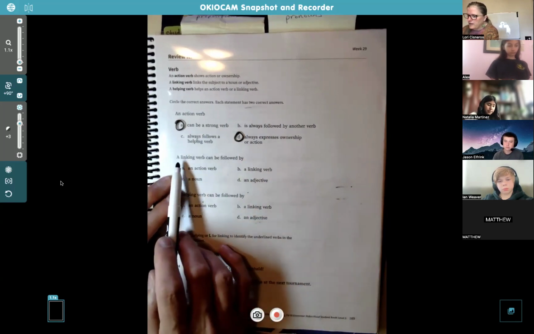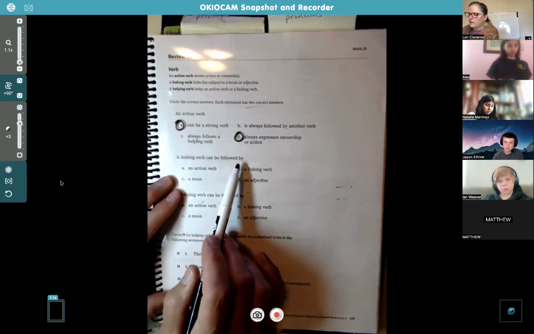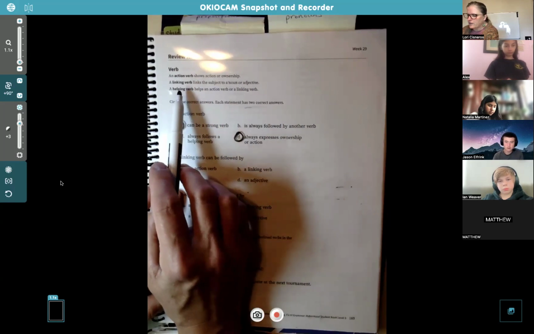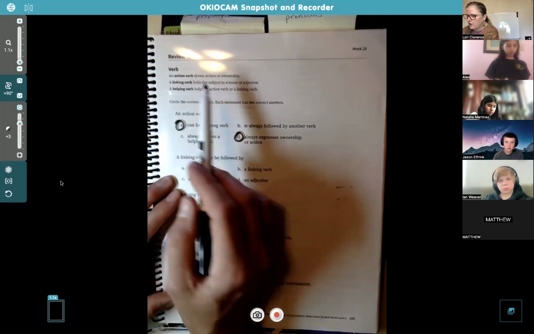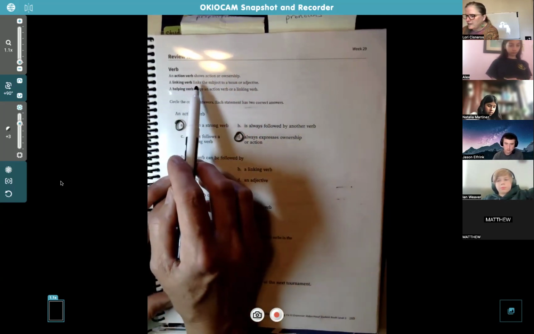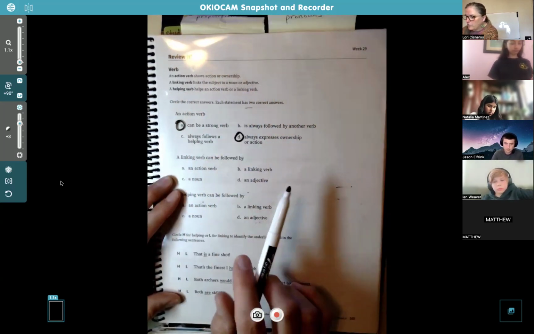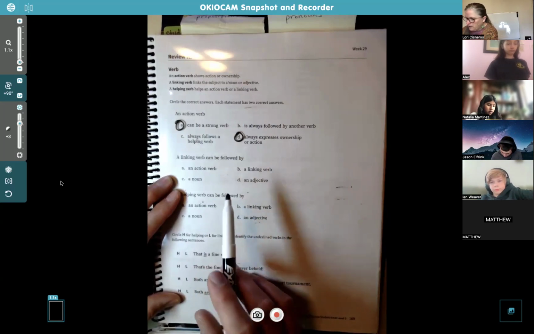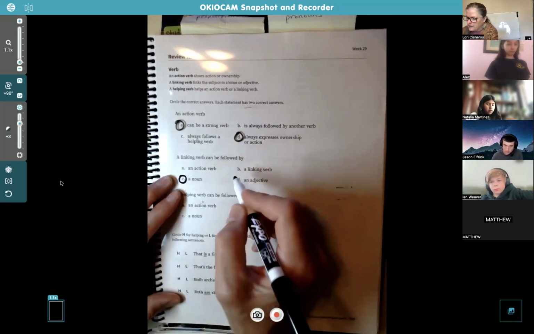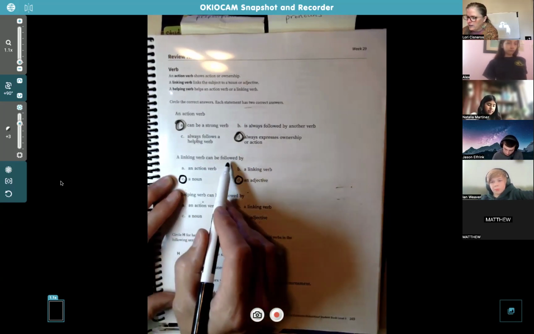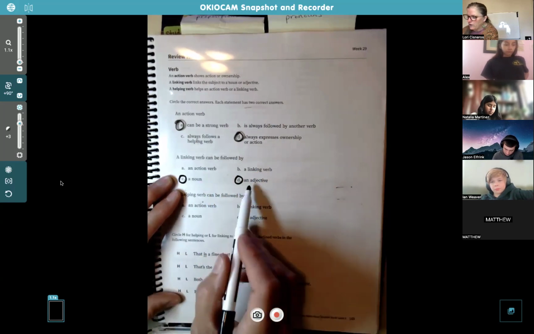The next one, a linking verb can be followed by, if you look back at the top here next to linking verb, it says linking verbs link the subject to a noun or an adjective. And so we can mark C and D. The linking verb can be followed by a noun or an adjective.